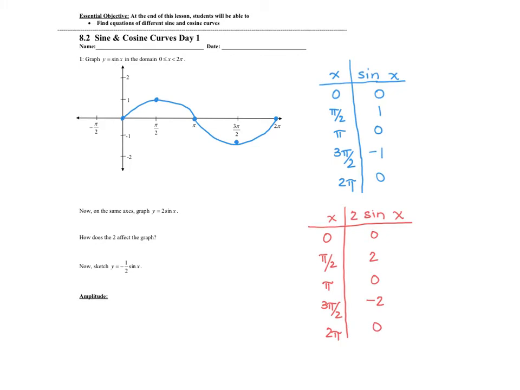So if I graph those points, I'll have 0 at 0, 2 at pi over 2, 0 at pi, negative 2 at 3 pi over 2, and back to 0 at 2 pi. So if I connect those, you can start to see what putting the 2 out in front of the sine of x does to the graph.